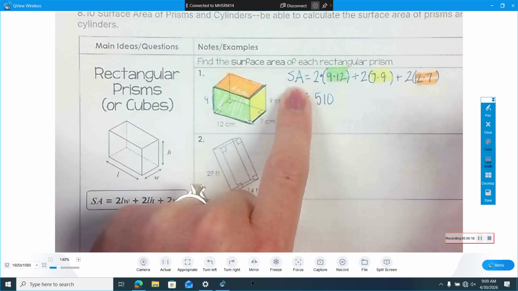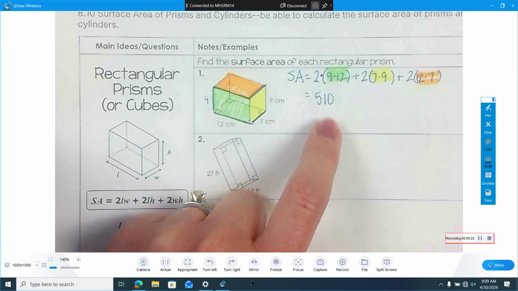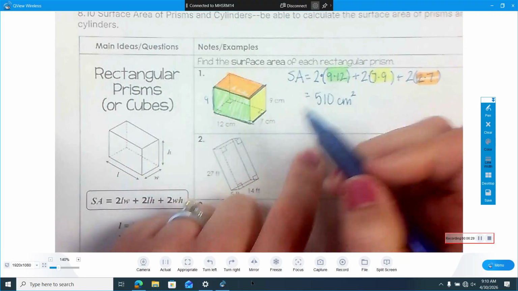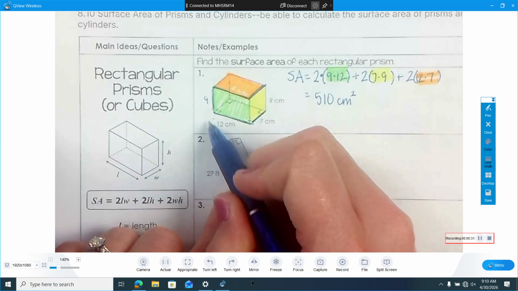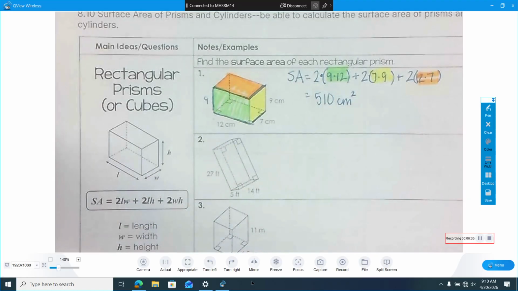Now these are area. What should the units be? Centimeters squared. Yeah, all we're doing is a length times a width. So 12 centimeters times 9 centimeters would give us centimeters squared. Okay. All right.